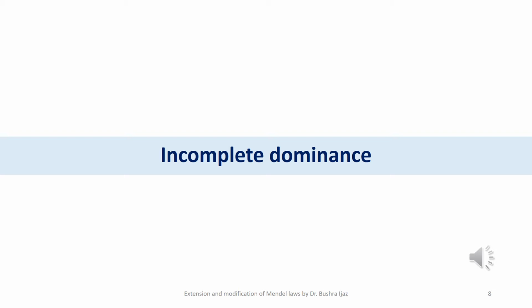So let's start with the first term, which is incomplete dominance. You all know that dominance describes the effect of different gene alleles on an organism's phenotype. An allele has complete dominance over the phenotype if one copy is sufficient to produce the same effect as two. An allele with incomplete dominance, however, will combine with the other allele to produce some intermediate phenotype.